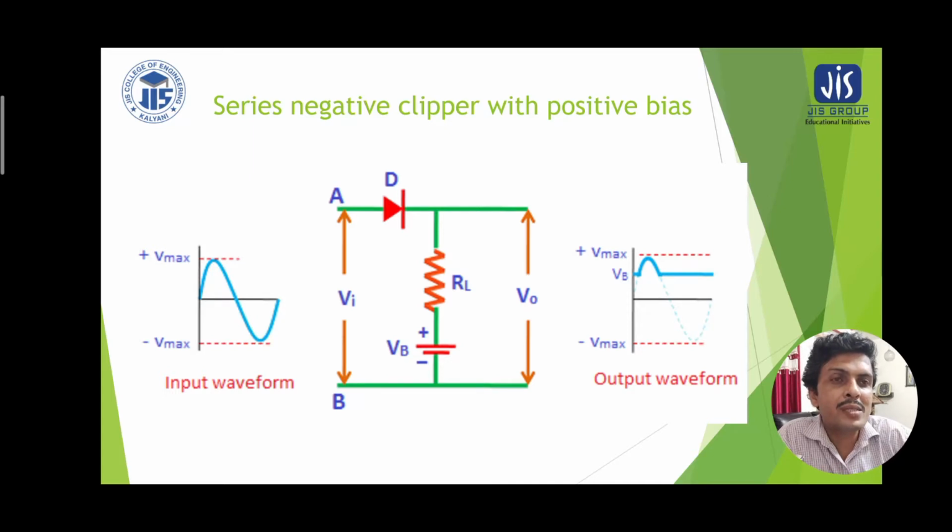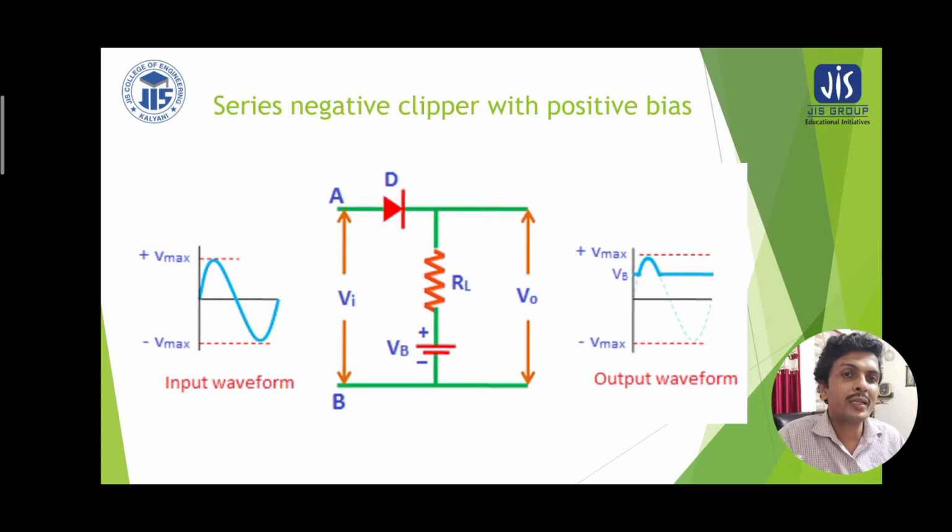The series negative clipper circuit with positive bias, as shown in this figure: the positive terminal of the battery is connected to the negative side of the diode. Why is it a positive bias? Because the top side of the battery is positive, that is why it is positive bias. Will the diode conduct at the beginning?